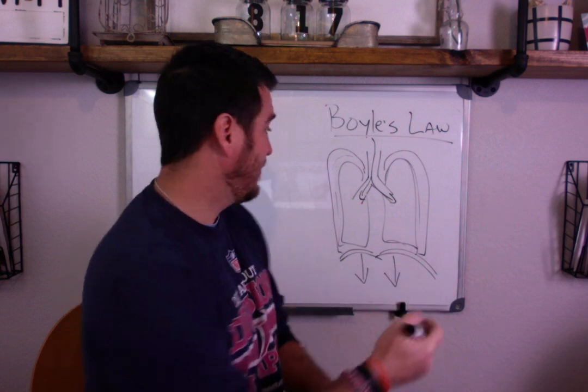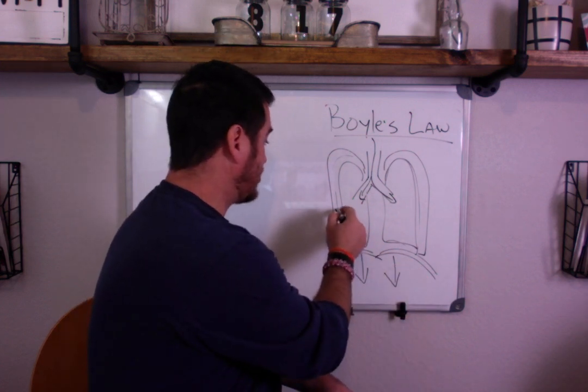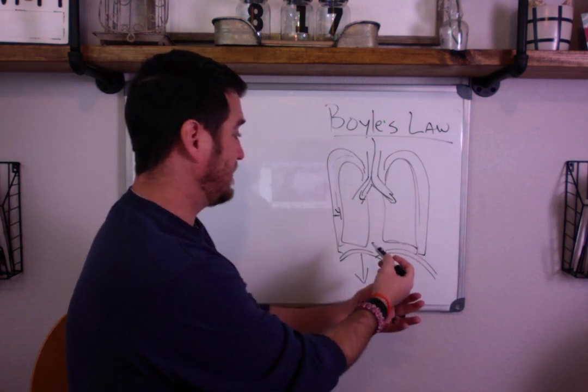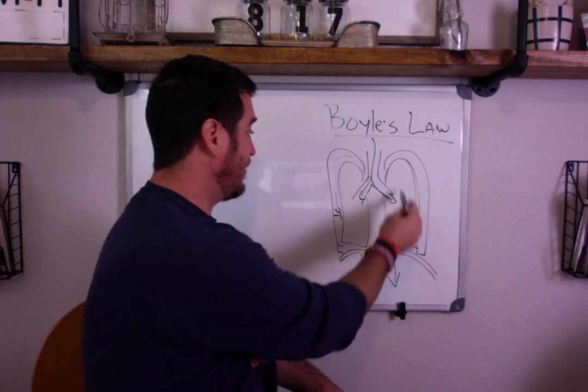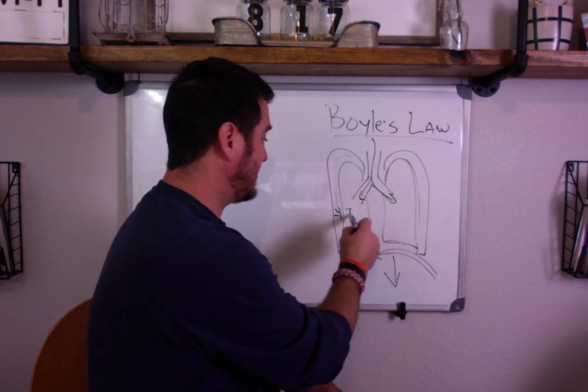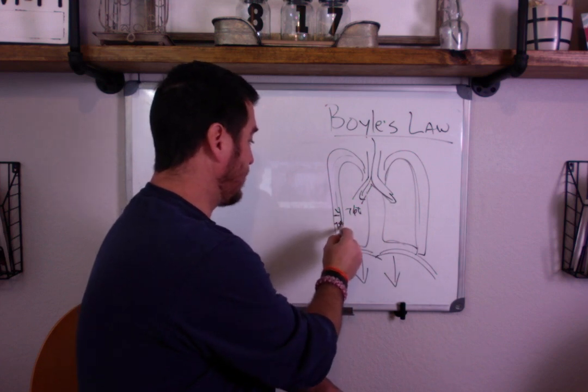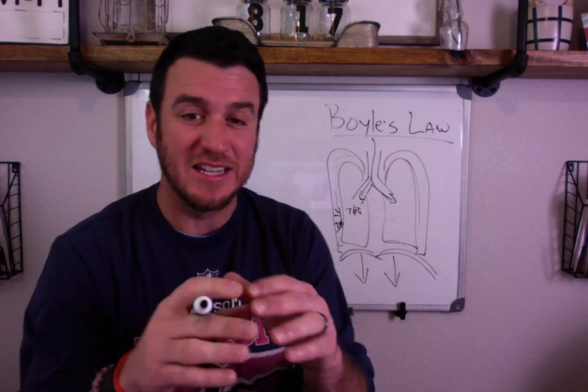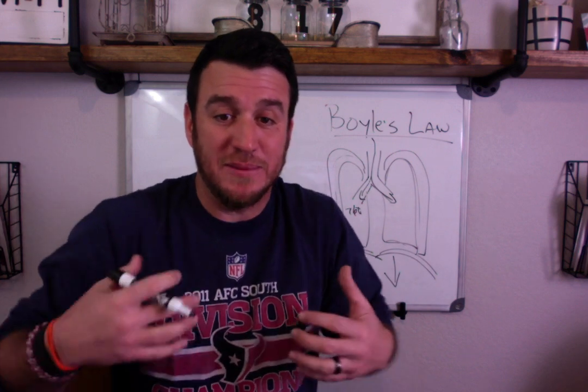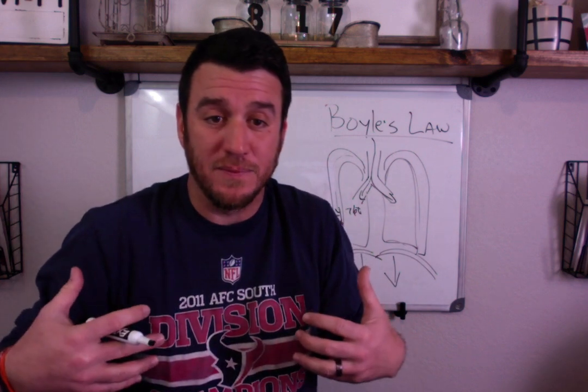So you have a slightly negative pressure in the pleural space. So if your alveolar pressure at rest is 760, your resting pleural pressure is 756, slightly more negative. This is what keeps the alveoli open.